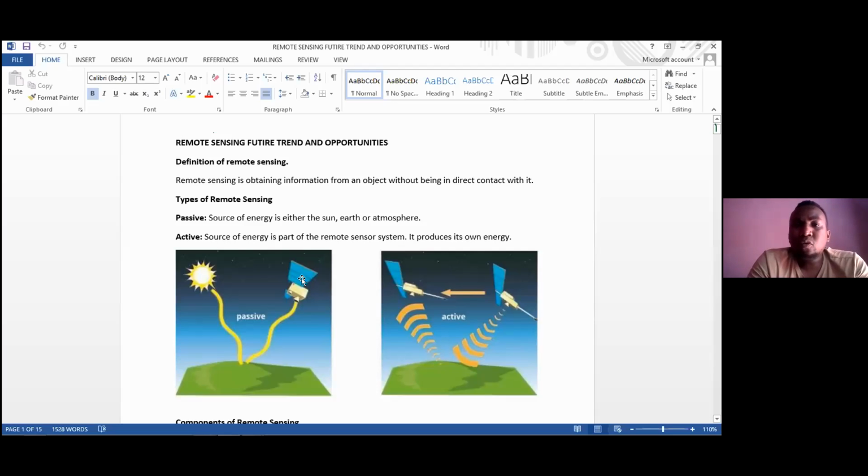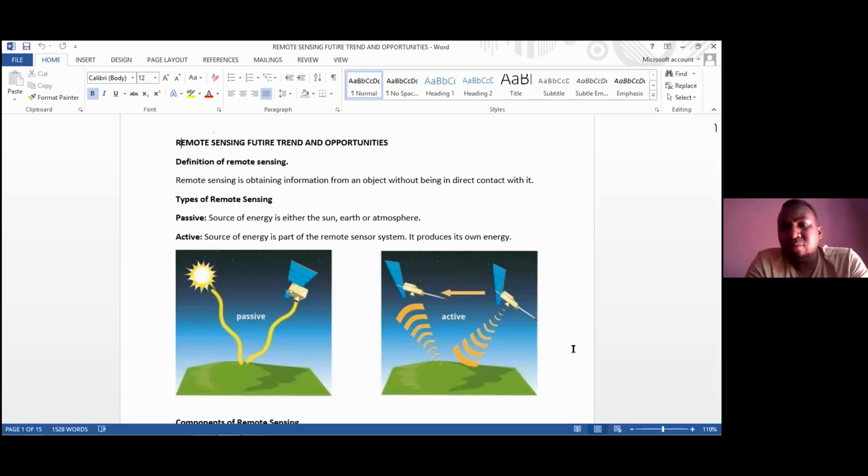And then we have also what we call active remote sensing. In active remote sensing, the source of energy is part of the remote sensing system itself. That means the remote sensing is able to produce its own energy, and that's the beauty of remote sensing. I'm going to give you the difference between the two.